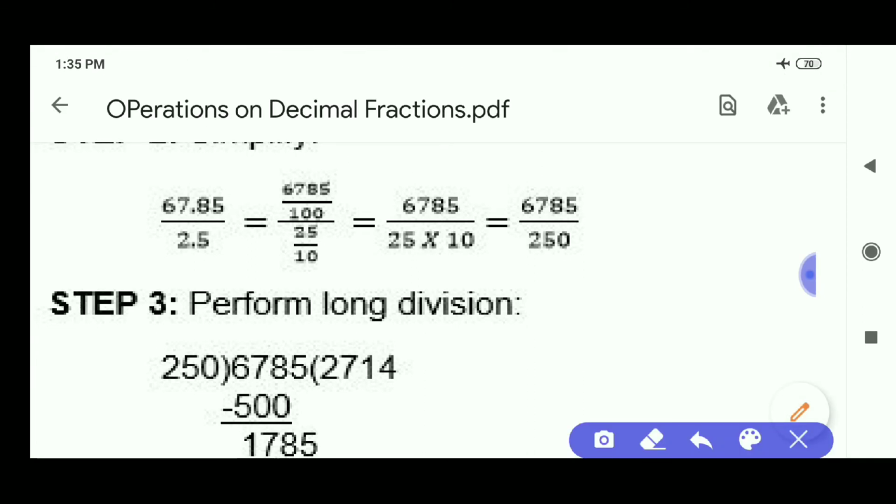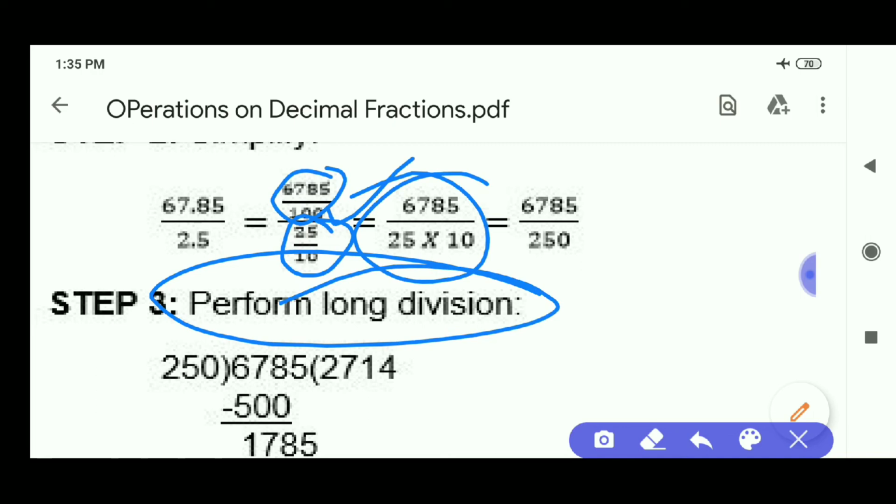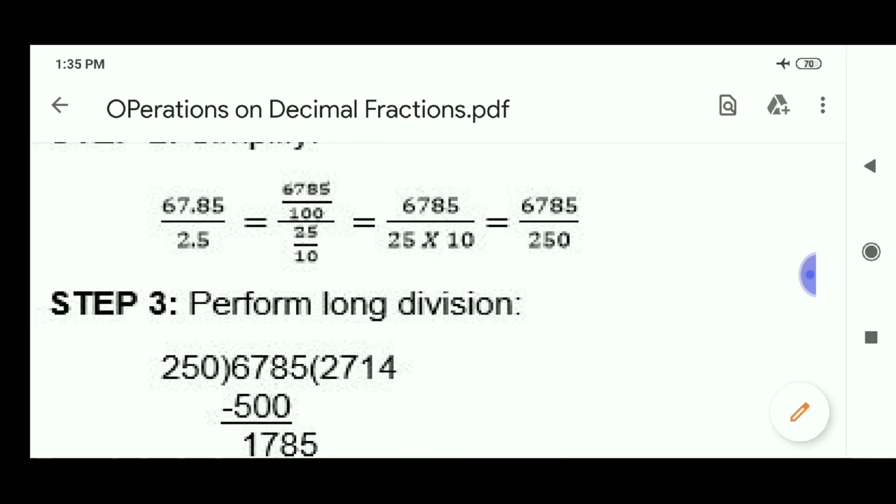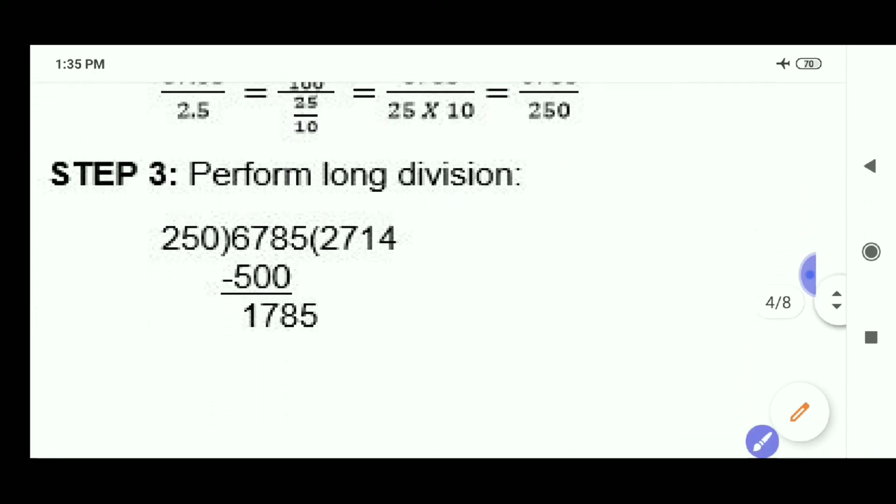It becomes 6785 by 100 divided by 25 by 10. Fraction by fraction. It is nothing but numerator into reciprocal of the denominator, and simplify it and perform long division after simplification.